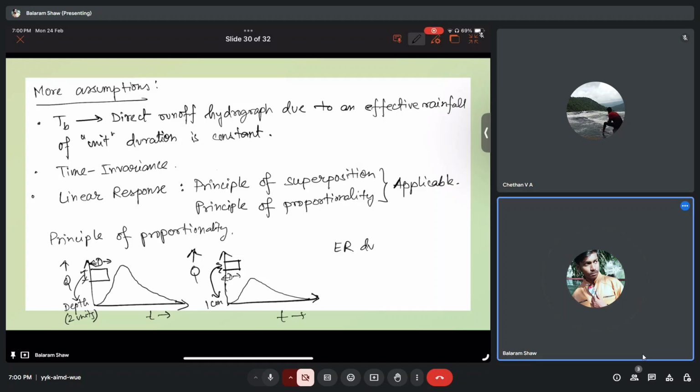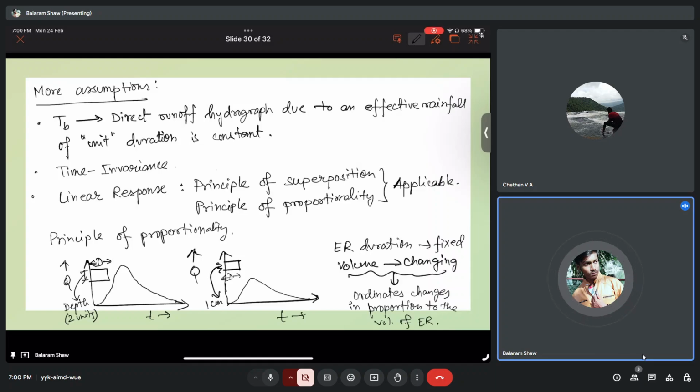Effective rainfall duration is fixed, but volume is changing, which we can see here. So the ordinates change in proportion to the volume of effective rainfall. Okay, we'll see this in one of the MCQ also.